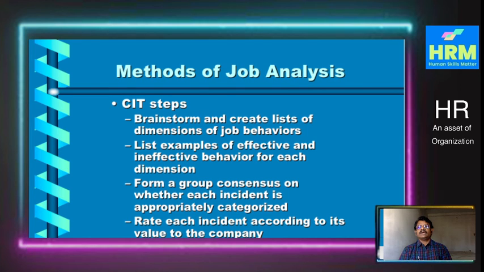Like that, we use the critical incident technique to identify how the job is performing in the company, what its contribution is, and the value of that job for the company. Based on that, we calculate and find out the data.